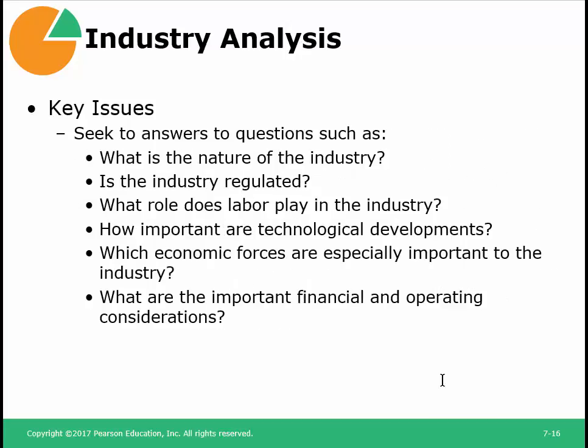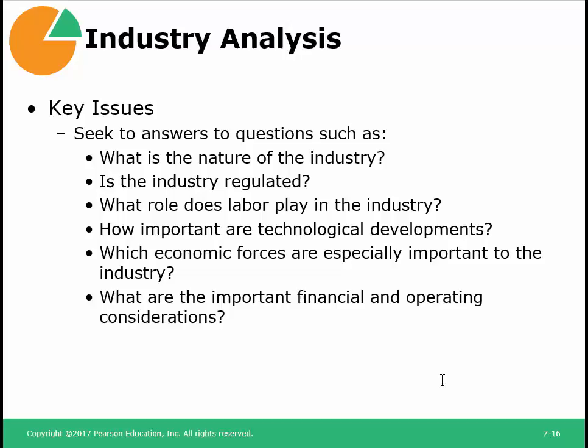So what questions do we want to answer? What's the nature of the industry? What do they do? Is it a regulated or a not so regulated industry? Is labor an important question? Is the labor force unionized or not unionized? Does technology have an impact on the growth or the operations of the company?